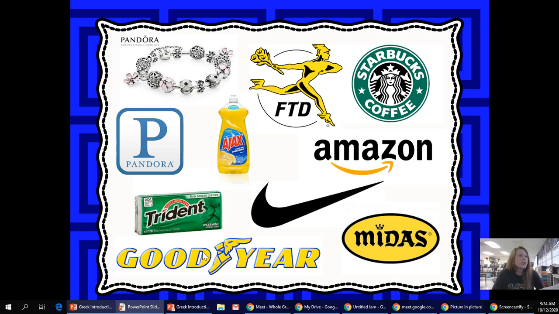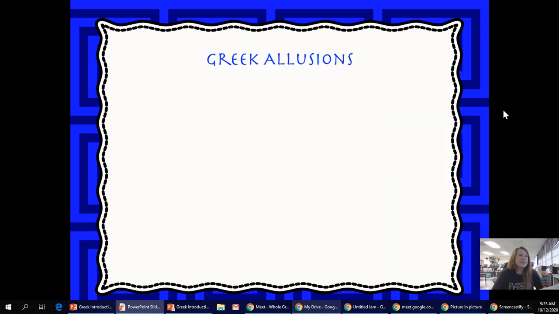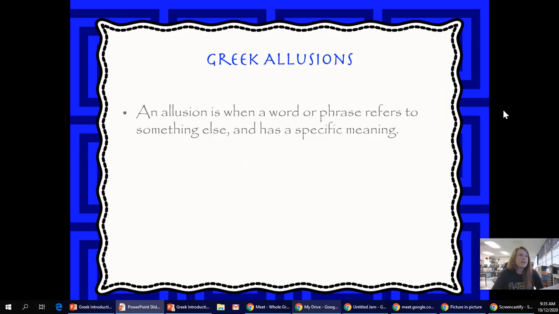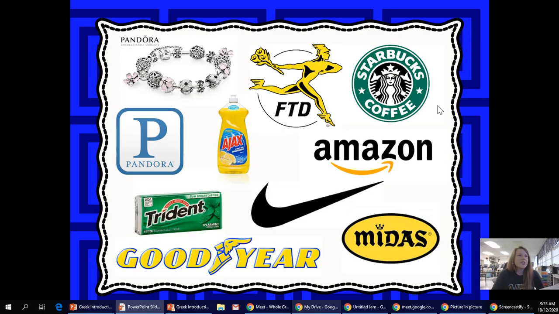We have Goodyear tires. What is this one? Nike. Yeah, we have lots of Nike around us. Amazon, Ajax, FTD, Starbucks. Okay. Anybody looking at the Starbucks, why do you think that has something to do with Greek mythology? Just looking at their logo.